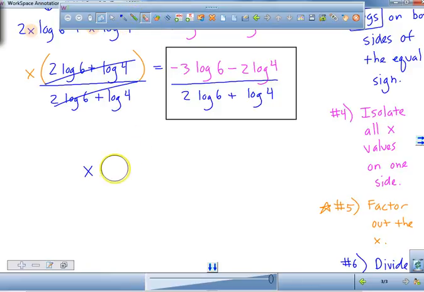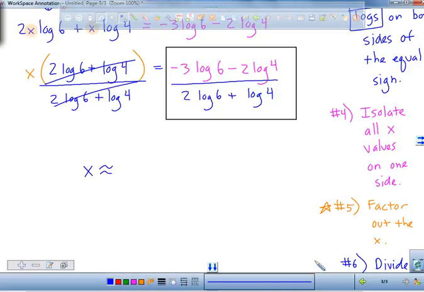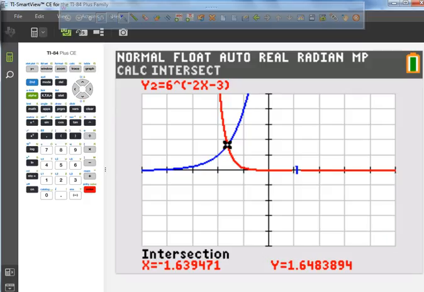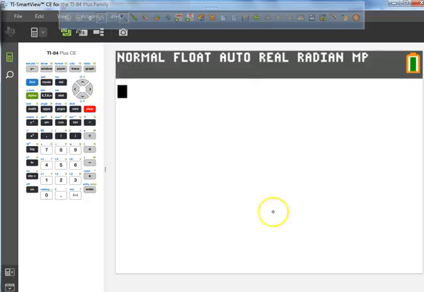Now, we're going to find the approximate answer together. We're going to take this and carefully type it into the graphing calculator and find the approximate value that it goes with. Alright, we need to turn our graphing calculators on. Hit alpha y equals enter.